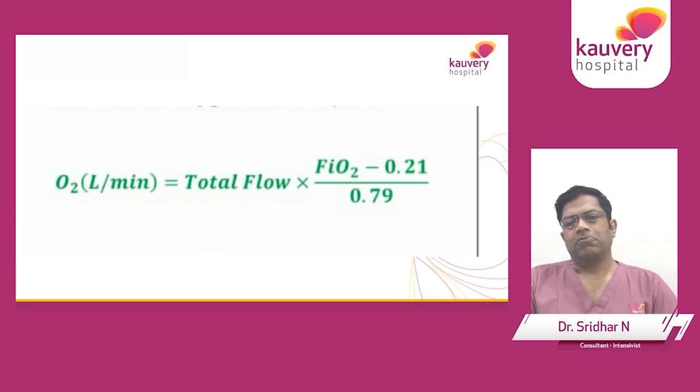So this formula helps you calculate your oxygen consumption when you know the flow and the FiO2. So a high flow nasal cannula at about 60 liters per minute using 60% oxygen still uses about 30 liters per minute, which is still quite higher, several times higher than what you'd use during invasive ventilation or CPAP.